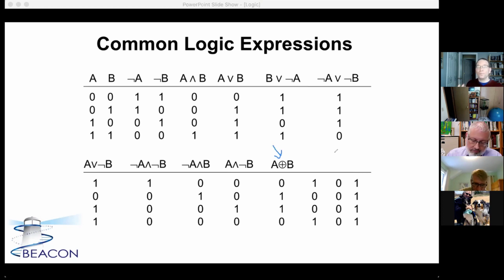So normally when we say something is true with an or statement, it's okay if either one of them is true. With the exclusive or, we want one of the 2 to be true, but not both. So in this case, if both A and B are true, this is false. If neither A or B are true, it's false. But if one and only one of them is true, then it's true.